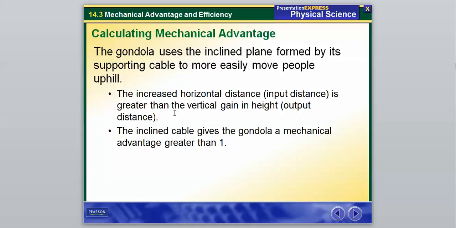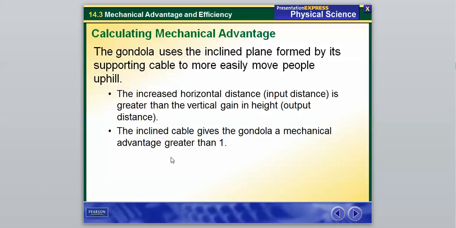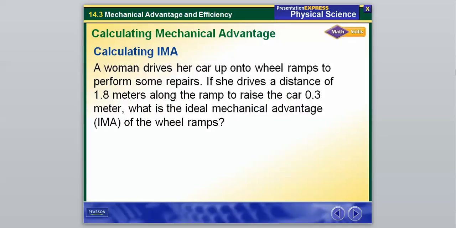So the increased distance along the cable, the input distance, is greater than the vertical gain in height. So this little cable right here is going to be longer than how high we move, the output distance. So the inclined cable gives the gondola a mechanical advantage that is greater than 1. And again, that might not make as much sense, but I think the sample problems for the ideal mechanical advantage make a little more sense.